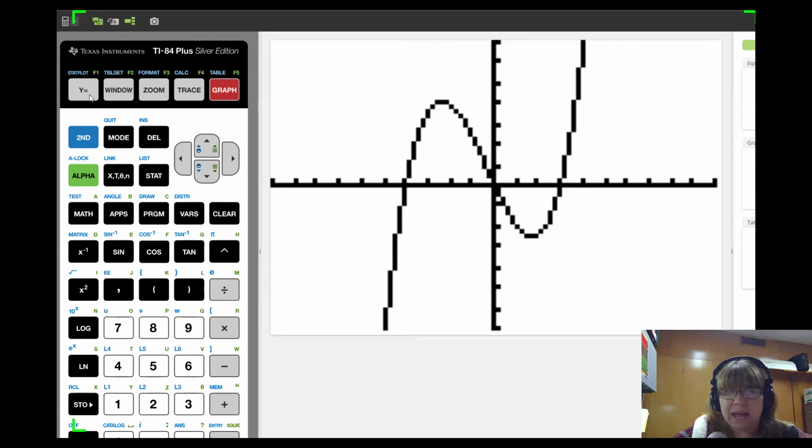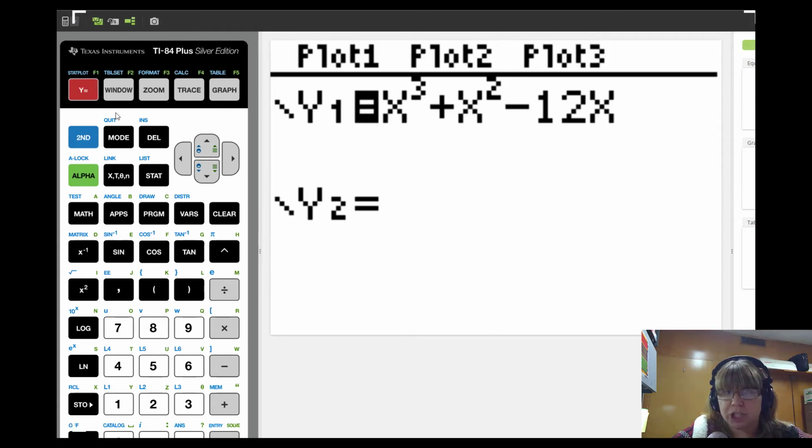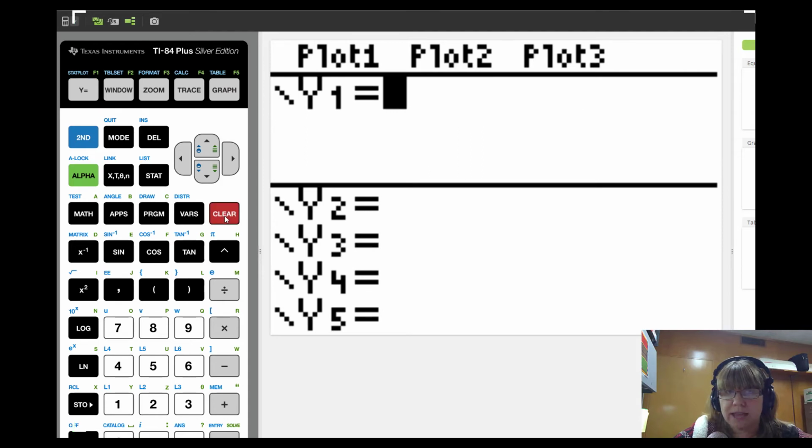Now let's go back and graph our third function. Let me clear that out.